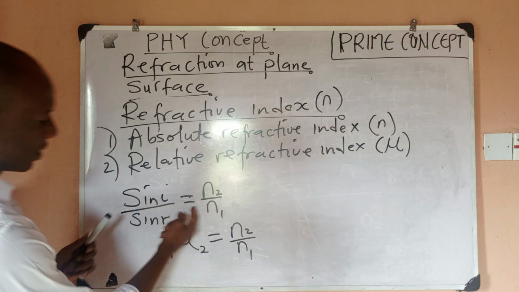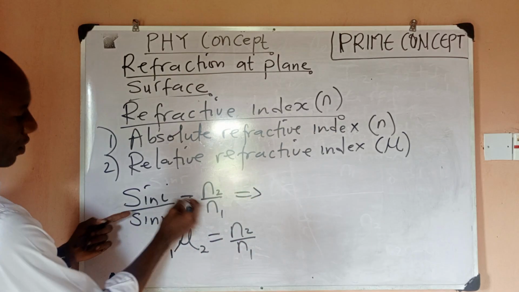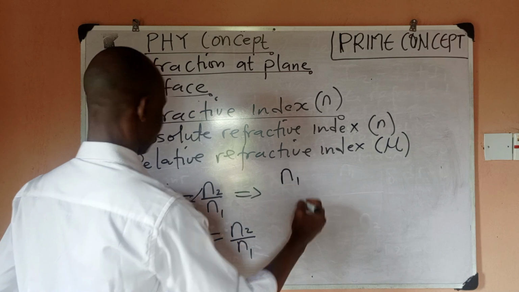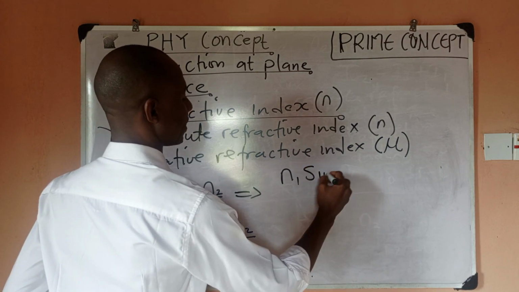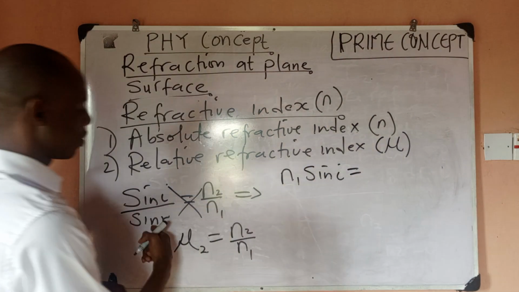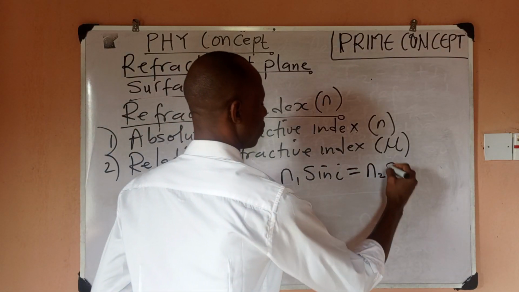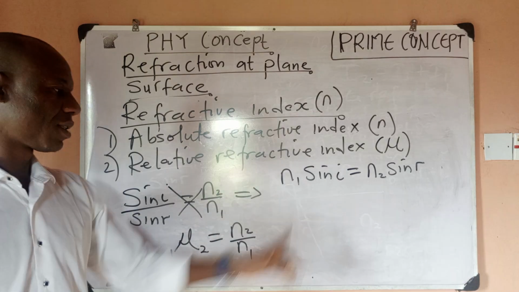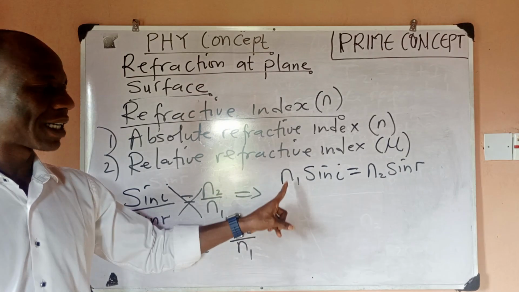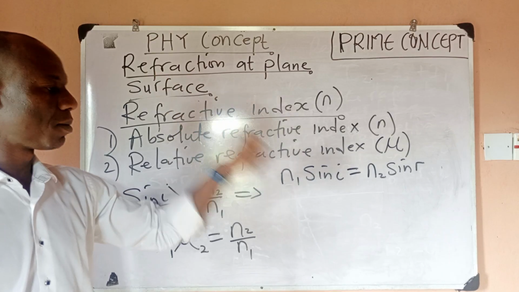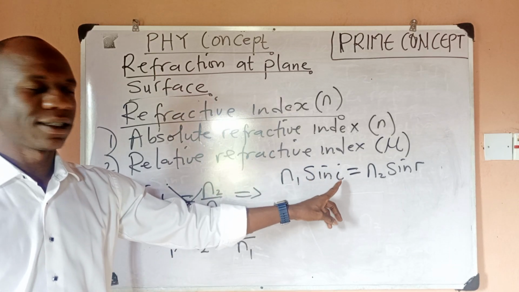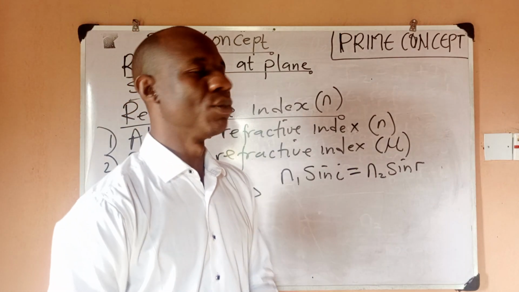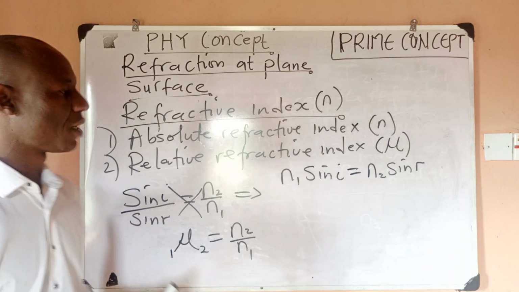If you cross multiply in this equation, then you would have that N1 sine I is equal to N2 sine R. So we can simply interpret Snell's law like this, where N1 is the refractive index of the first medium, sine I is the incident angle, and N2 is the refractive index of the second medium. So this, I believe, is very clear to you.